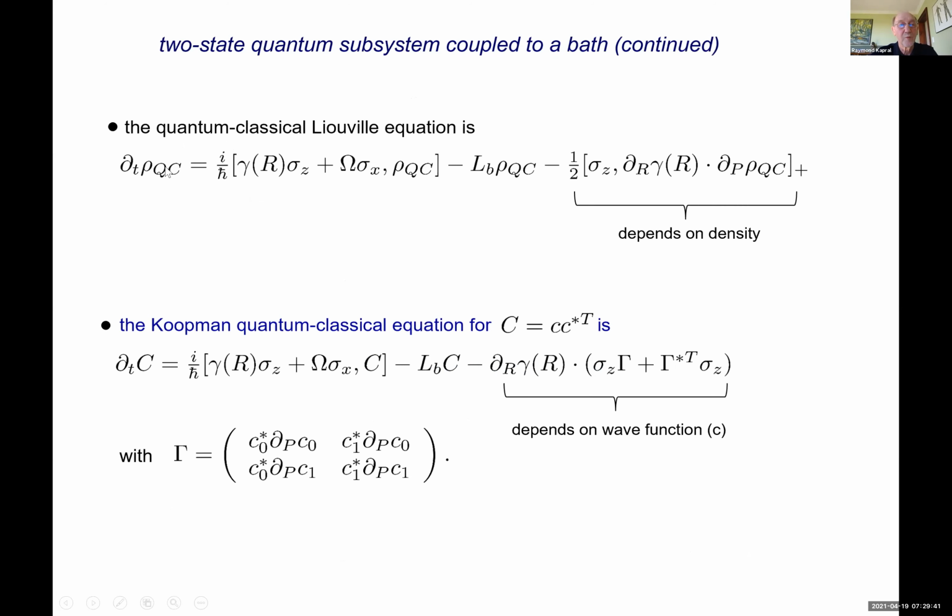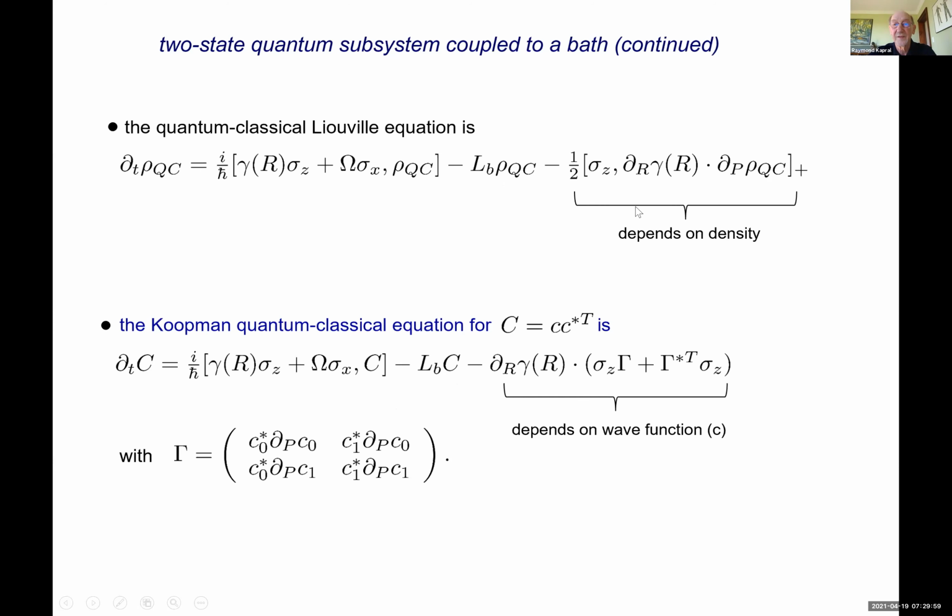So at any rate, writing out the two equations for this particular Hamiltonian, you can see they look quite similar. The commutator terms have the same structure. The classical Liouville operator comes in the same way.